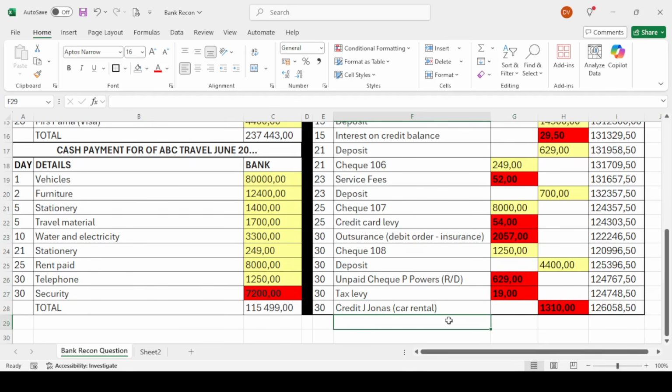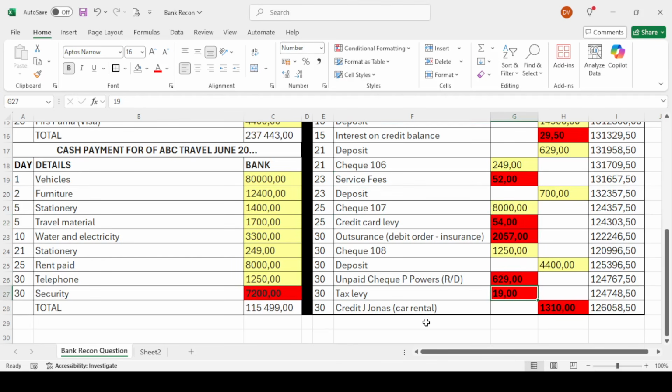So guys, what's important, something to look out for when you update your cash payment journal, is that you can add all of the things that fall under bank costs, you add them together. So it will be a service fee, a credit card levy, and a tax levy. 52 plus 54 plus 19.